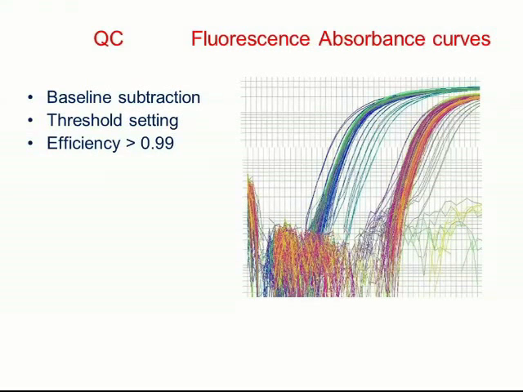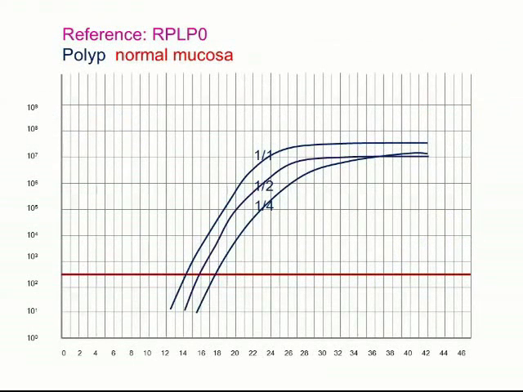There is only one cycle difference between each dilution as seen over here. You see the three different reference levels, and each of them has one cycle difference in between. That means they are quite parallel, and the efficiency seems quite good.